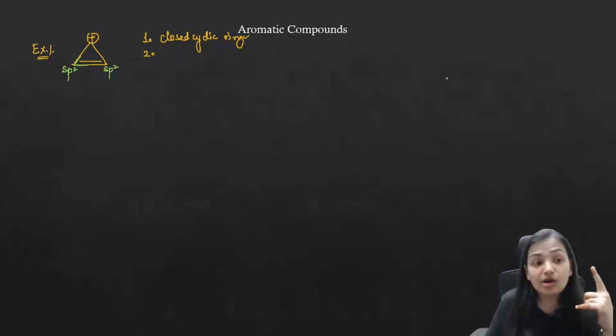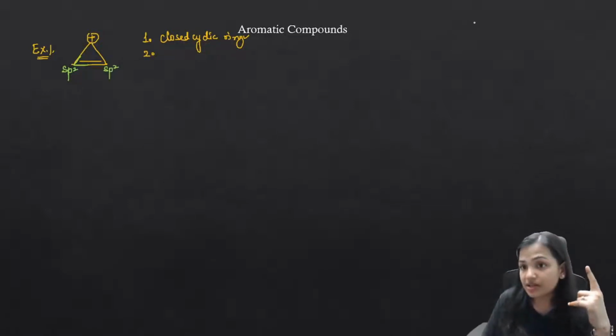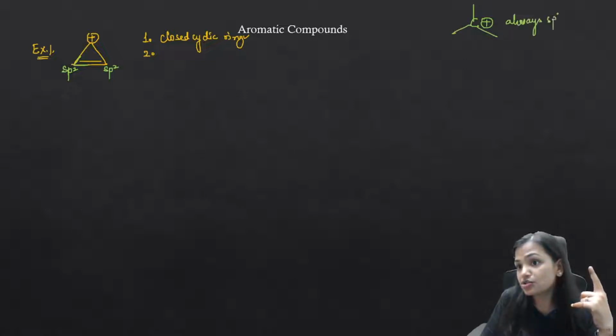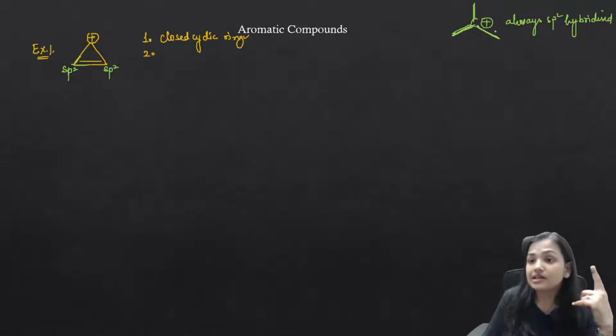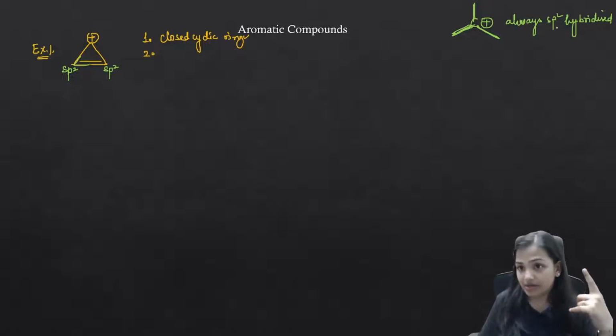carbocation. Always remember, whatever carbocations we have, they are always sp2 hybridized. If you have a carbocation of this particular geometry, a trigonal planar carbocation, then it is always sp2 hybridized.